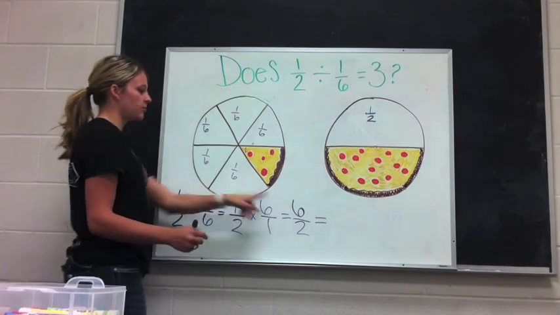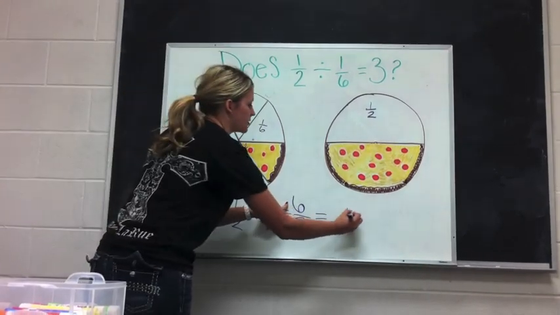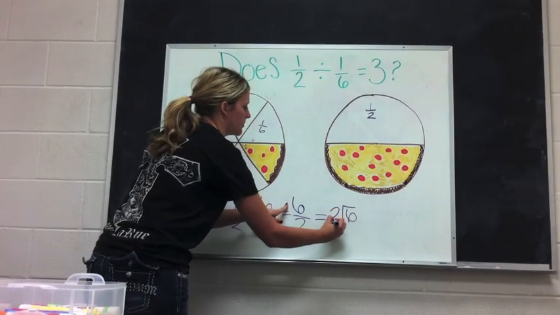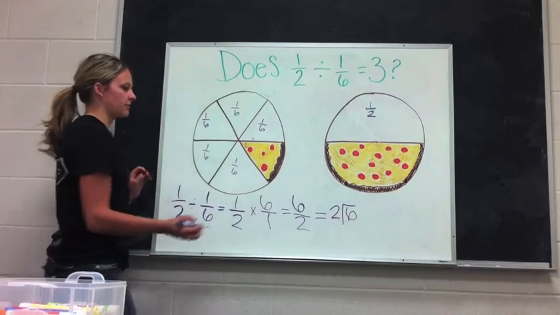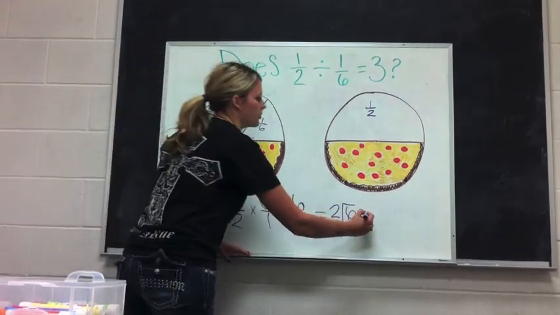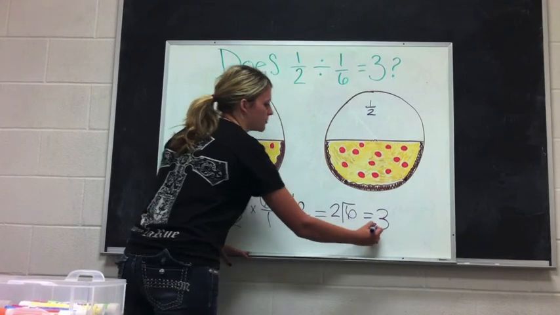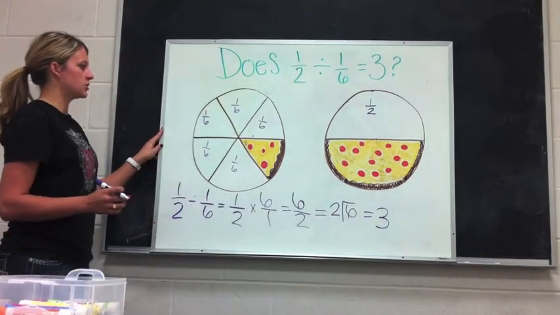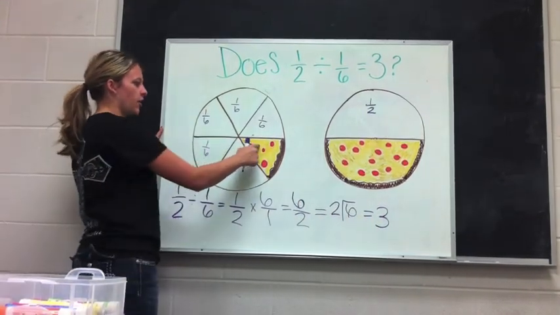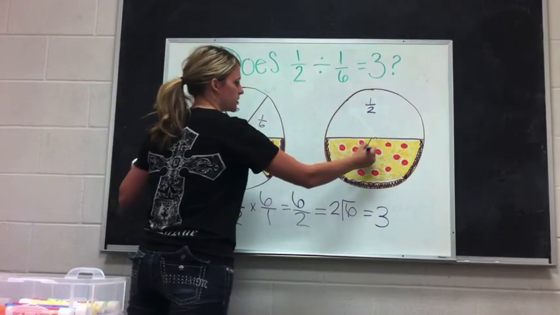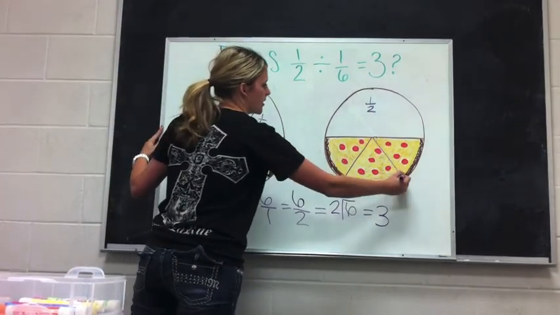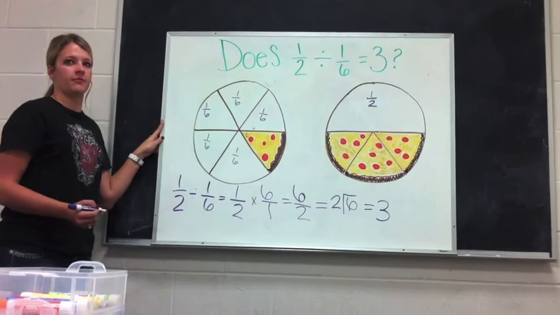The numerator goes in the house, and the denominator goes outside the house. So we have 2 divided into 6, which goes 3 times. So our answer is 3, and we can see that one of these pieces fits 3 times into 1/2.